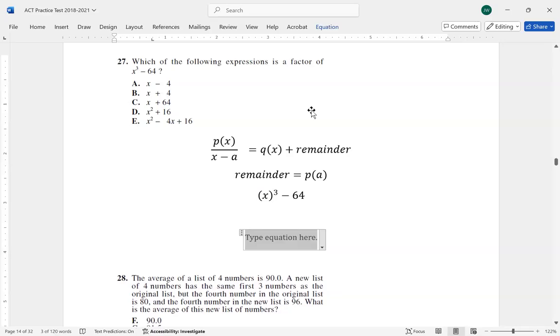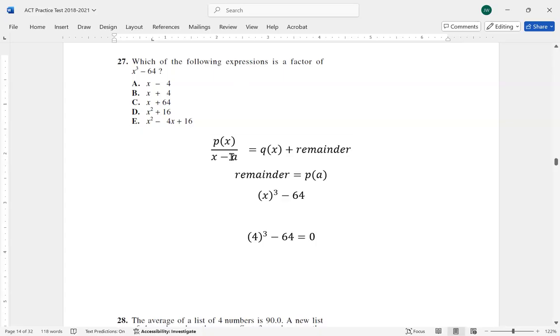For option A, since we have dividing by x minus 4, I'm going to plug in 4 for the x value and see what the remainder gives me. Well, that is 0, it turns out.